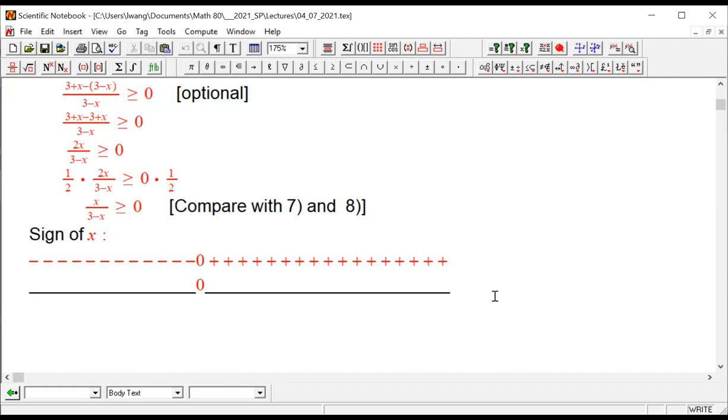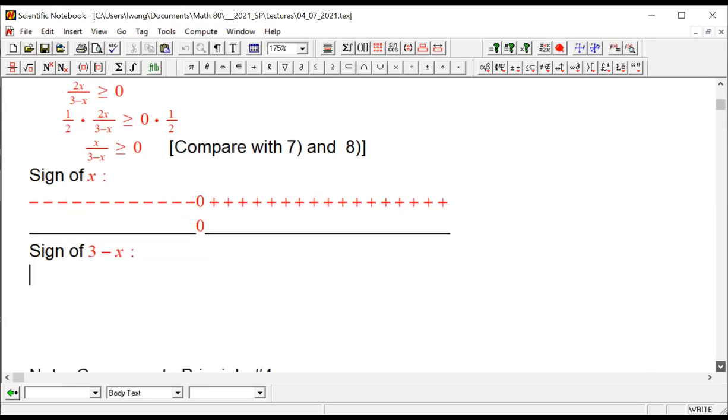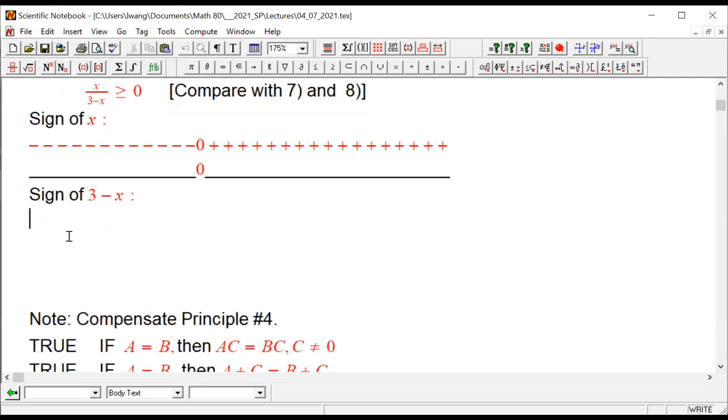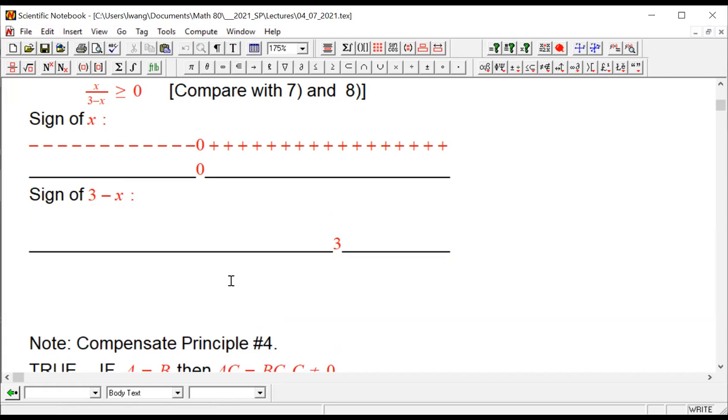Now, look at the sign of 3 minus x. We still have this number line. Where does 3 minus x change sign? At 3, where of course it is 0.